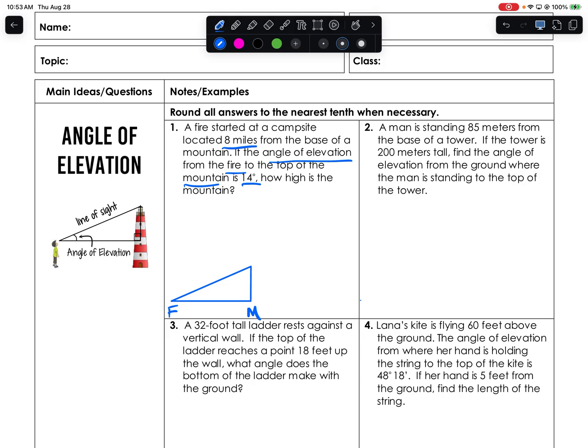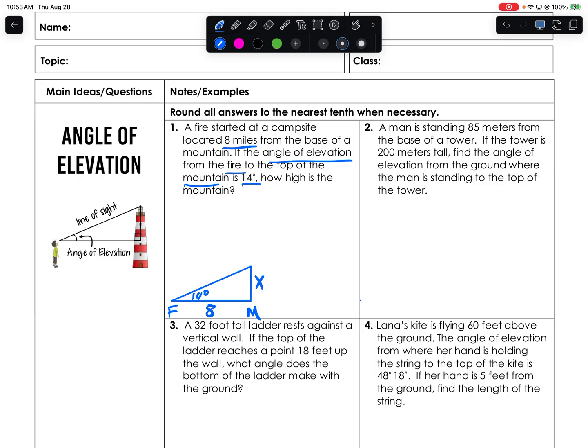There's our 90-degree angle. This little angle right here is 14 degrees. We know the distance from the fire to the mountain is 8. Okay, and we want to know how tall the mountain is, x. Technically little f, but whatever.